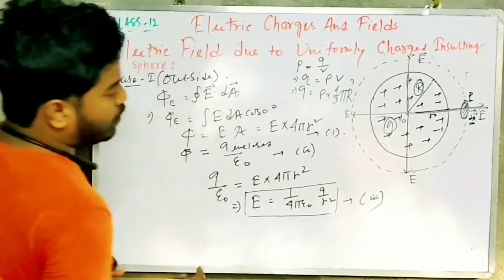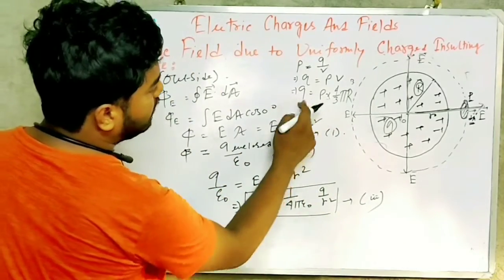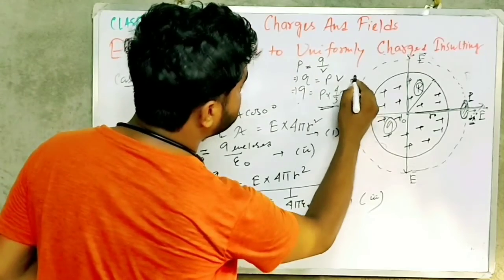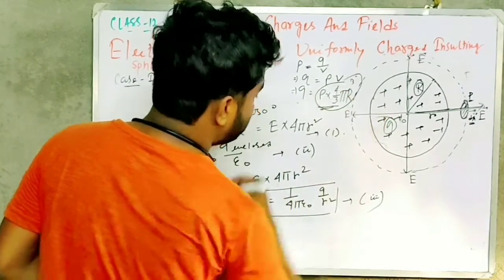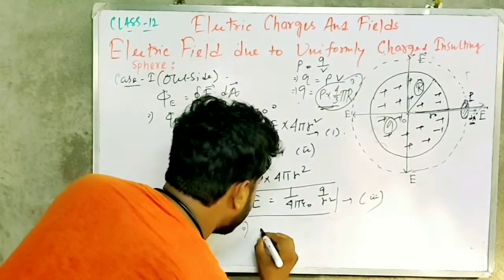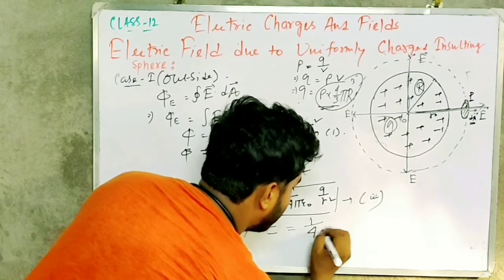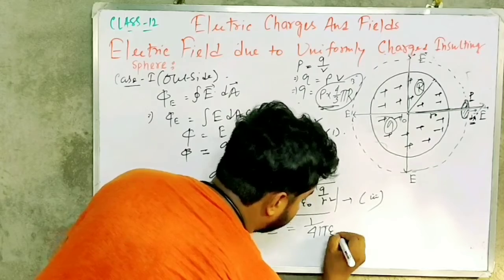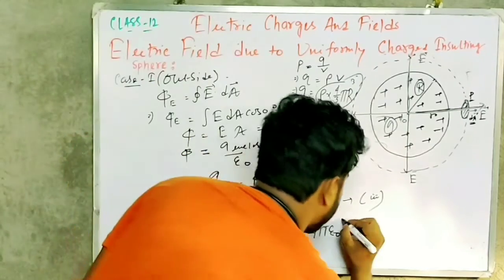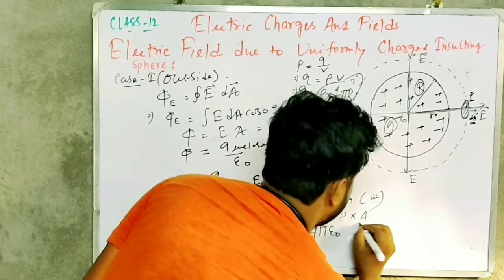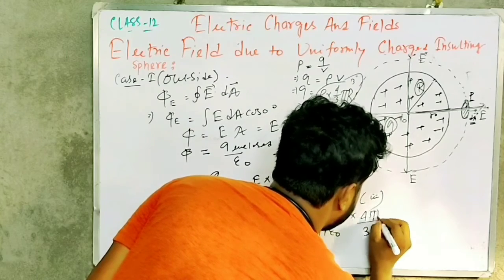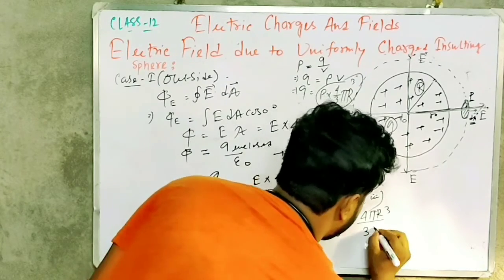Now just putting the value of Q here, Q is equal to rho into 4 by 3 pi R cube. Putting this value, the expression of electric field will be E equal to 1 by 4 pi epsilon naught rho into 4 by 3 pi R cube, divided by r square.